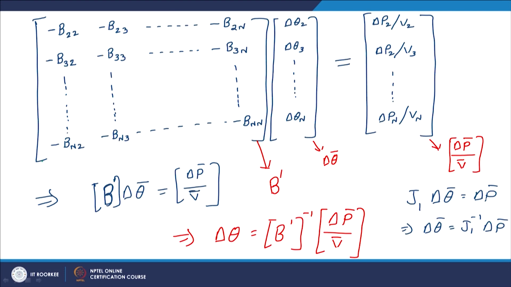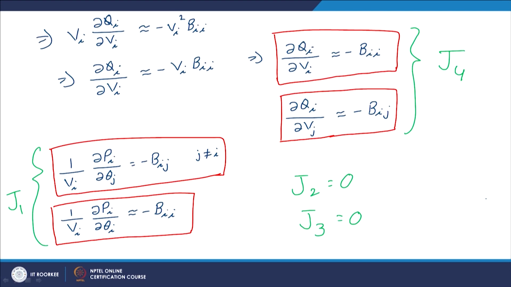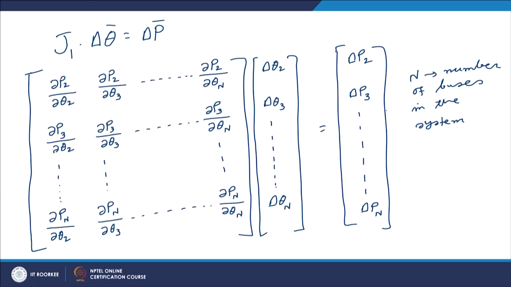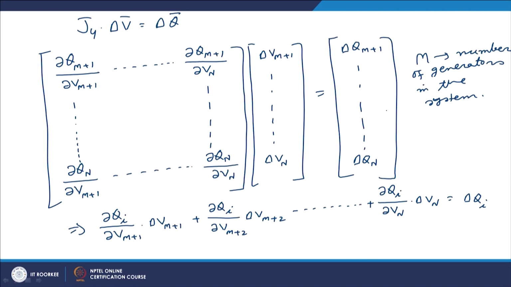Now, we apply this relation for this J4 matrix. Please note here that in this case j is not equal to i. So if we apply this relation here, what do I get?